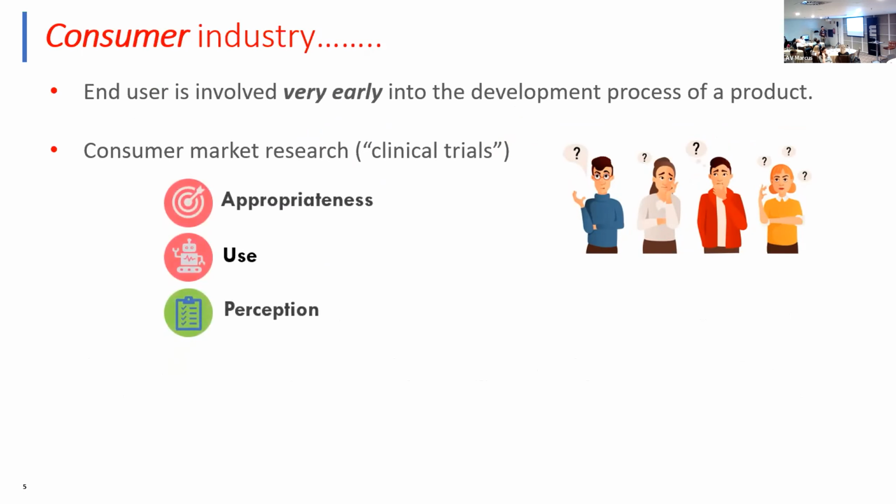They focus on three main key points: how the product is appropriate for the target audience, how will they use it, and what is their perception. With all this information obtained from the market research, they can really design the product to meet the needs of the consumer.